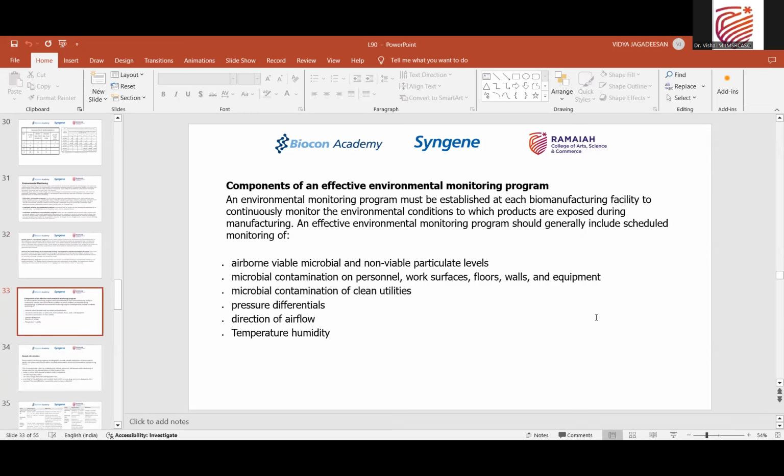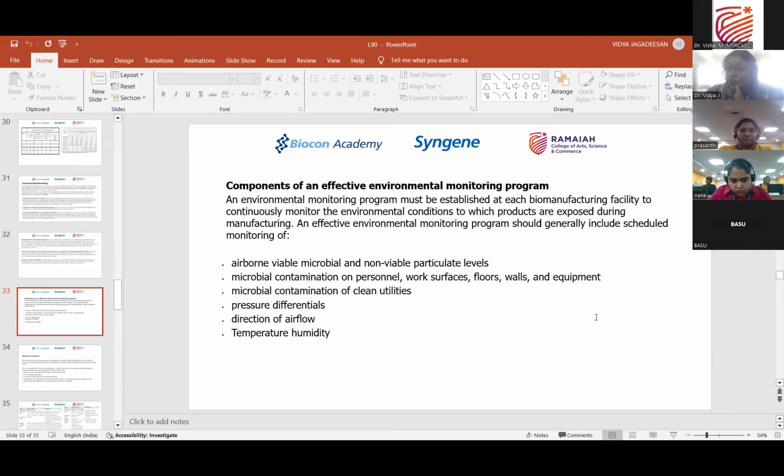And what are the different components of a very effective environmental monitoring program? So when you start any kind of manufacturing facility, whether it is drugs or anything, even if it is food, you have to keep monitoring all your environmental conditions continuously.